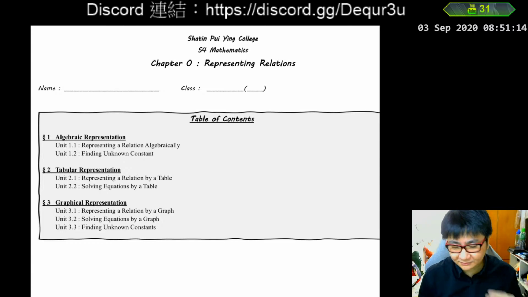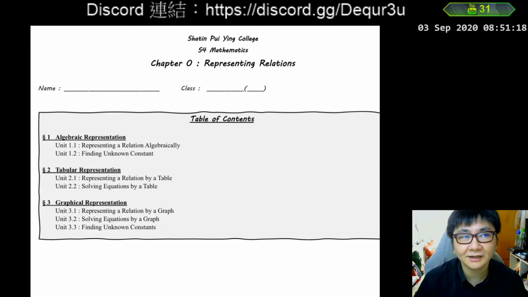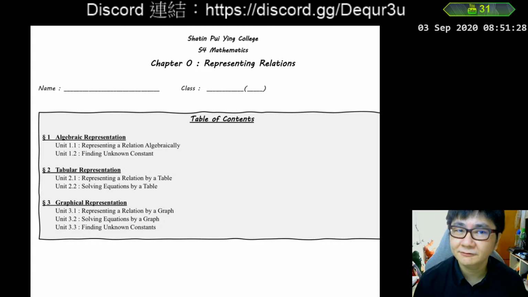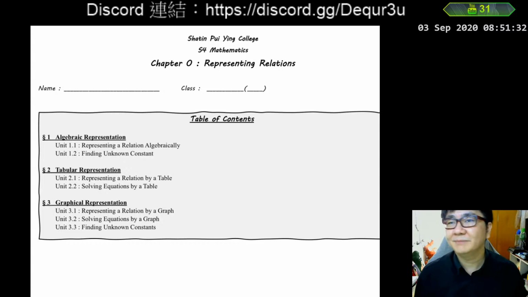Some sections may be more straightforward or easy, but I would also like to mention here that, especially when we learn mathematics, we very often shift our focus, because that's the education system of Hong Kong. We always focus on examinations, results, marks and scores.